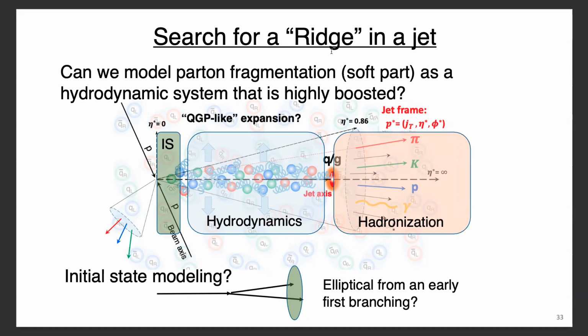Okay, go ahead. If you observe the v2, what is the geometry that drives that v2, or is this just the momentum anisotropy you're looking at? So I would say geometry, because from the picture I described, this comes from the rescatterings.